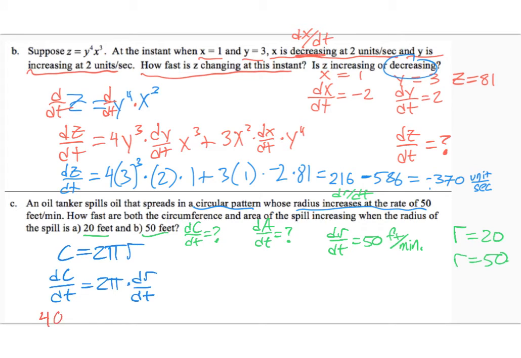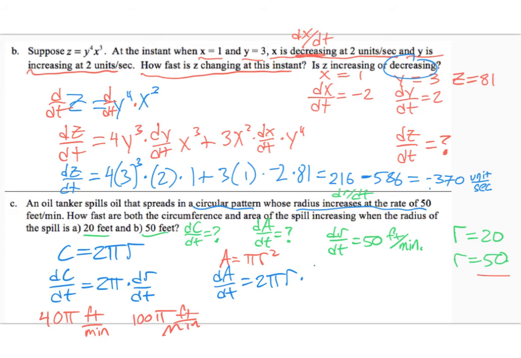We're going to have 40 pi, and that's going to be a linear unit, so that's feet per minute at r equals 20, and 100 pi feet per minute when we're at r equals 50. Cool. For the area, we're looking at A is equal to pi r squared, so we got a little bit more work. We're going to have dA dt is equal to 2 pi r, hey, that's the circumference formula, times dr dt.